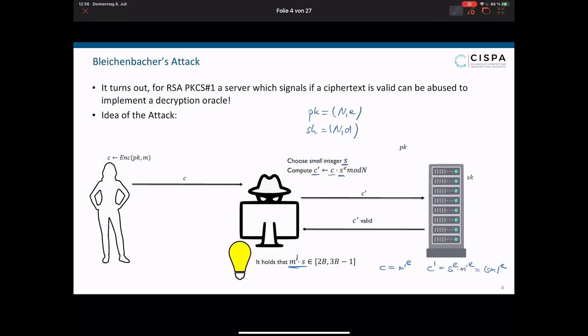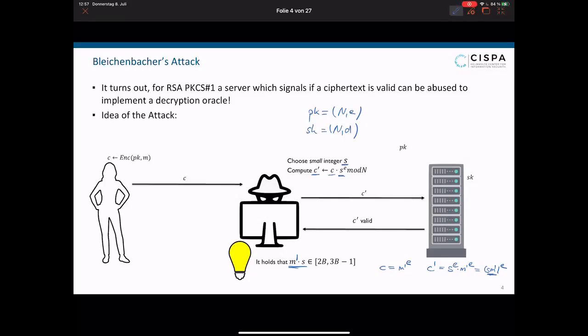And now the server told us that this is a valid ciphertext. And for valid ciphertexts, it means that whatever is here, sorry, this is of course M prime, this S times M prime, we've seen on the last slide that your ciphertext is valid if and only if this thing that's under the E here is in the interval 2B, 3B minus 1.